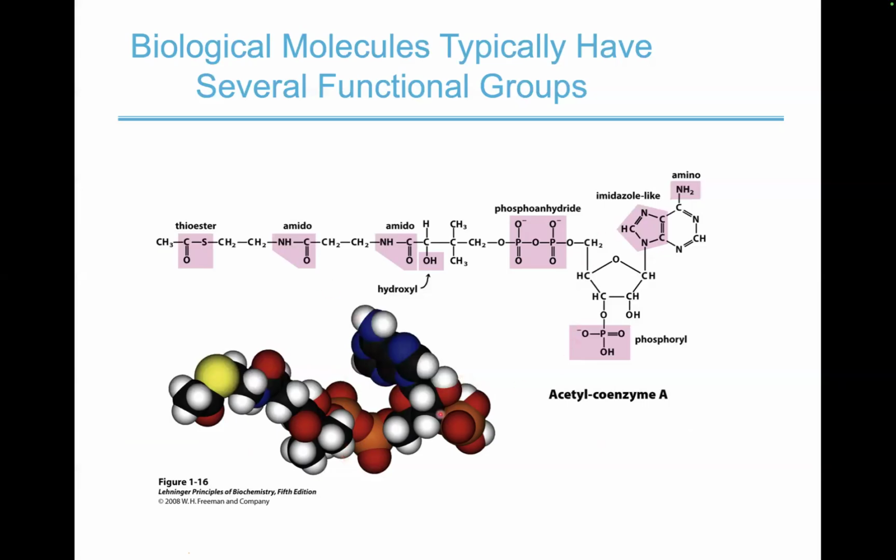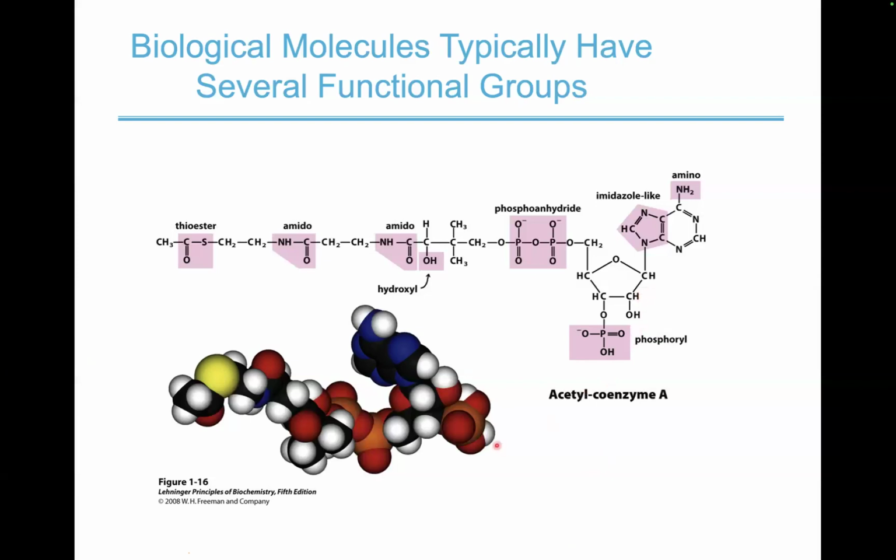So for instance, looking at this acetyl-CoA, right, and we know we have four biological macromolecules: the lipids, nucleic acids, amino acids, and carbohydrates. I could ask you, okay, so what is the base biological macromolecule of this?